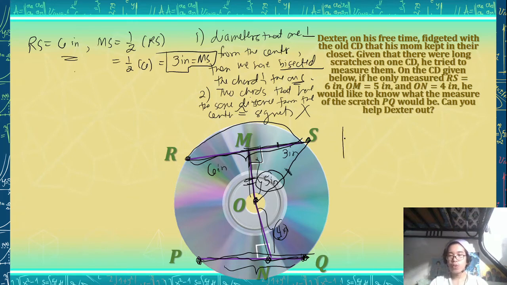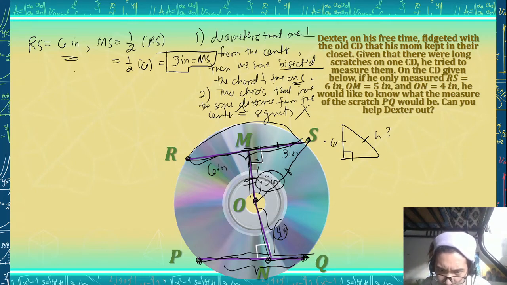If we're going to write it over here, this is the right angle, and the hypotenuse is missing. And then the height is going to be, no, it's equal to 5. That's going to be OM, so that's equal to 5.